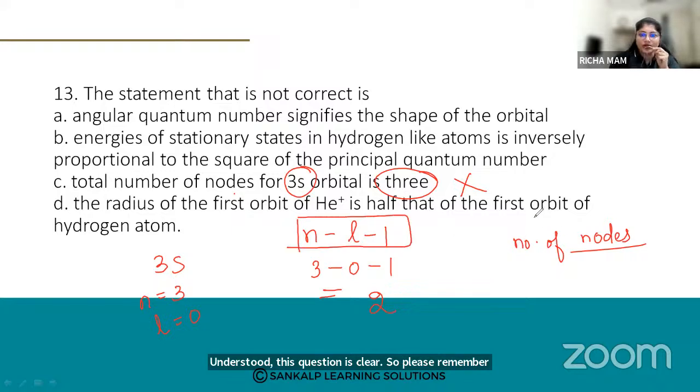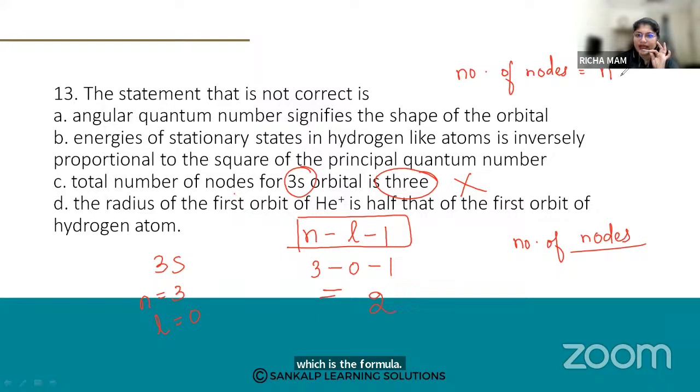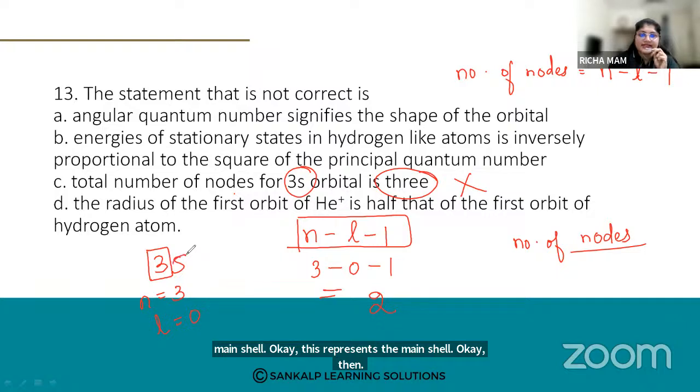Make an important note. Whenever you have to calculate the number of nodes, the formula is n minus L minus 1. n is the principal quantum number, the main shell. L is the shape. S is L equals 0, 0 represents your s orbital.